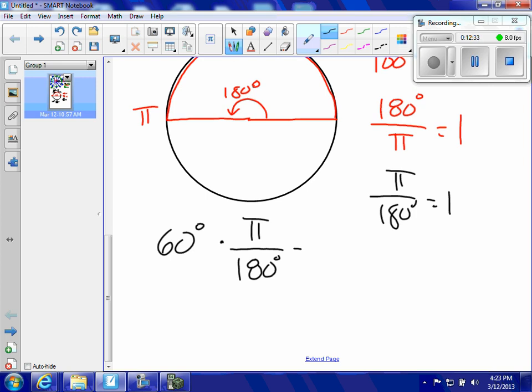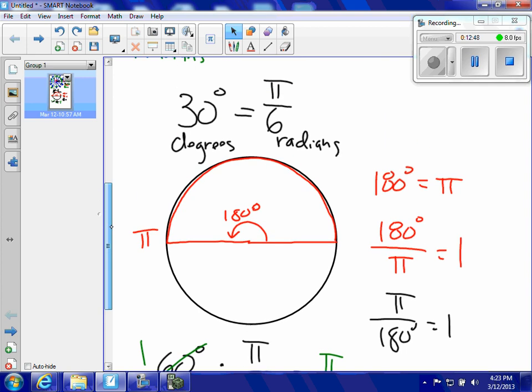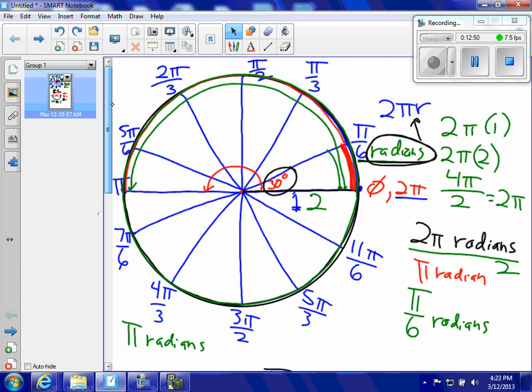Well, what's this? I have 60 over 180. That turns into 1 over 3. So that leaves me with pi over 3. Take a look at our unit circle that we did before. 30 degrees, add another 30 degrees, I have 60 degrees. What do you know? The radian measurement of 60 degrees is pi over 3.